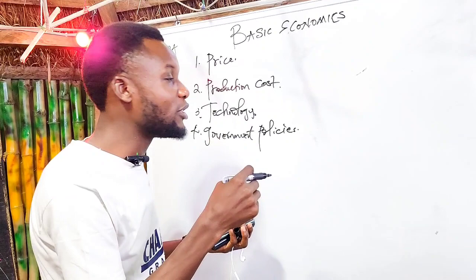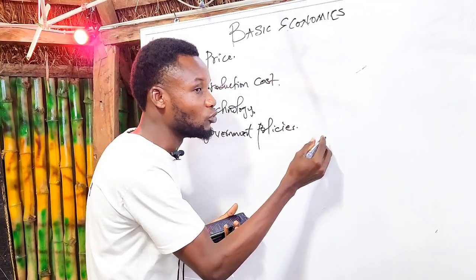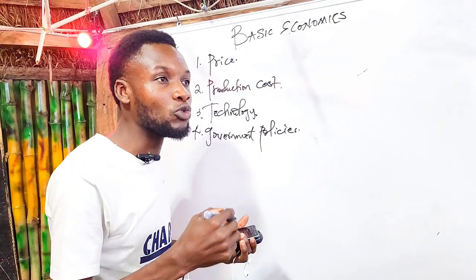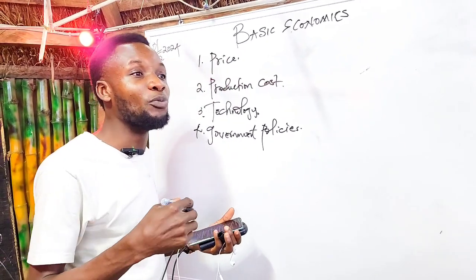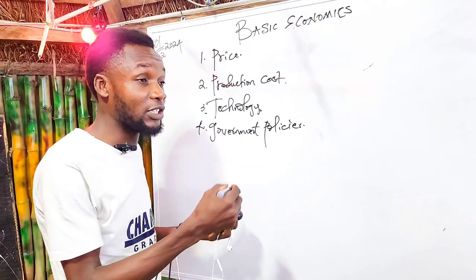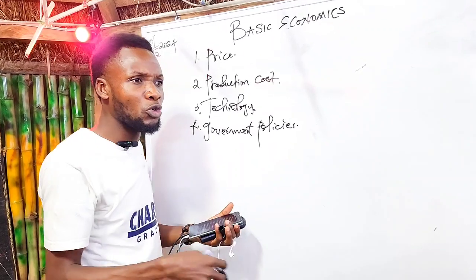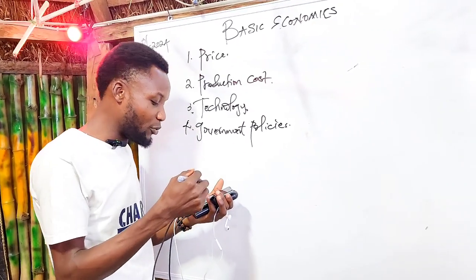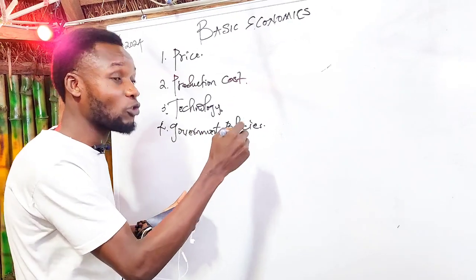If the government of Nigeria places a ban on the supply of several goods, the supply of those goods will be very minimal, and even the demand can be higher than the supply, and production will also be very small, because the government has placed a ban on the production of some of those goods.